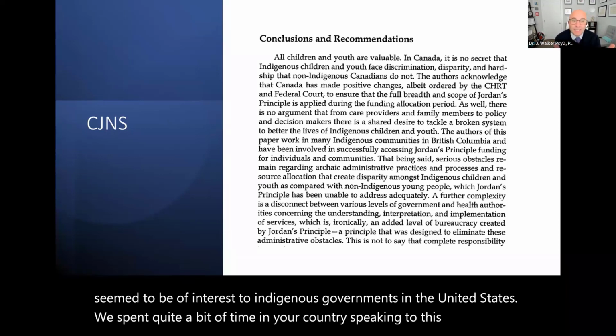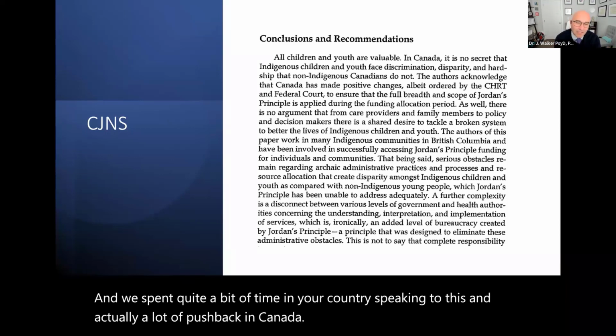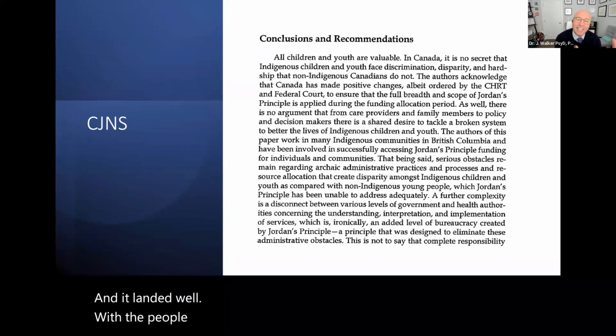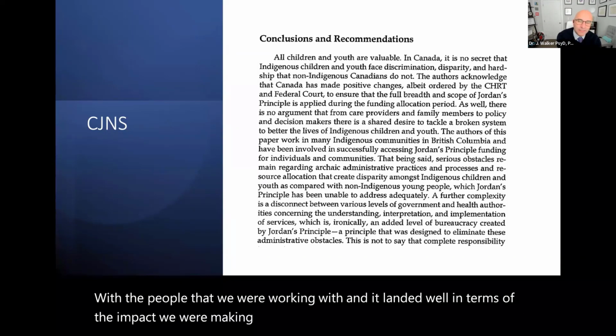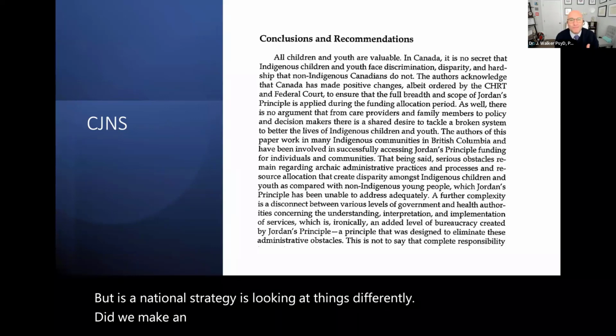And actually, a lot of pushback in Canada, a lot of pushback in terms of rethinking things. And it landed well with the people that we were working with, and it landed well in terms of the impact we were making for that community. But as a national strategy, as looking at things differently, did we make an impact? I don't know. And that's the funny thing about research.